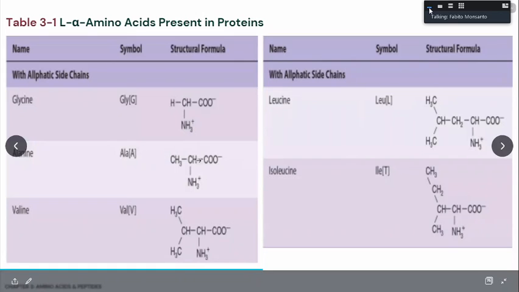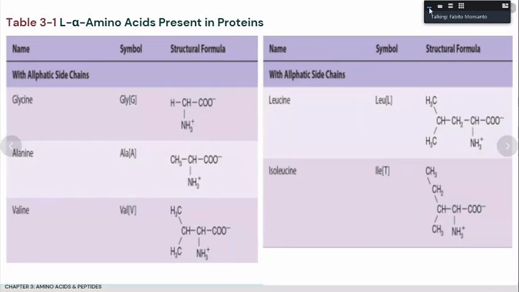What do you call that? When a carbon has four different atoms or group of atoms attached to it, what do you call that carbon? Chiral carbon. All right, that's correct.